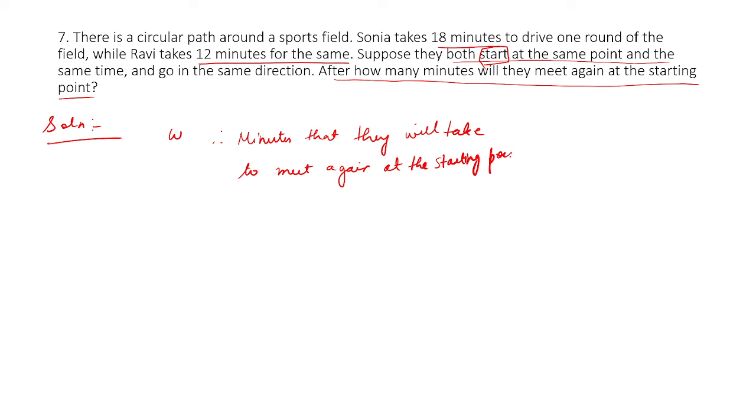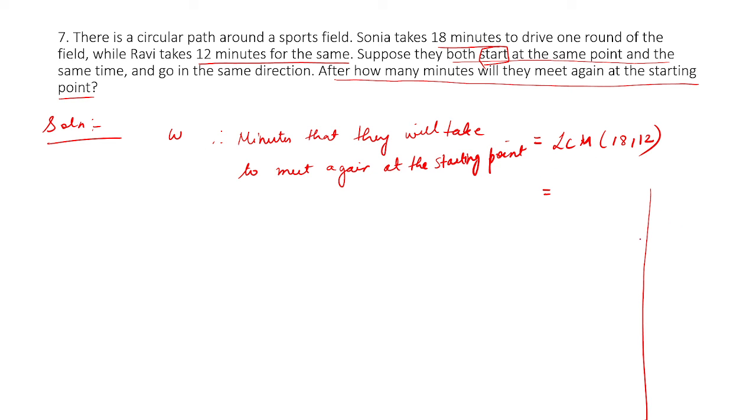So we'll have to take the LCM of 18 and 12, the least common multiple. Remember that they are not traveling at the same speed; they're just starting at the same point and at the same time. Somebody could be driving at 60 km/h, somebody could be driving at 80 km/h, so they'll be taking different times. So we're going to be taking the LCM.